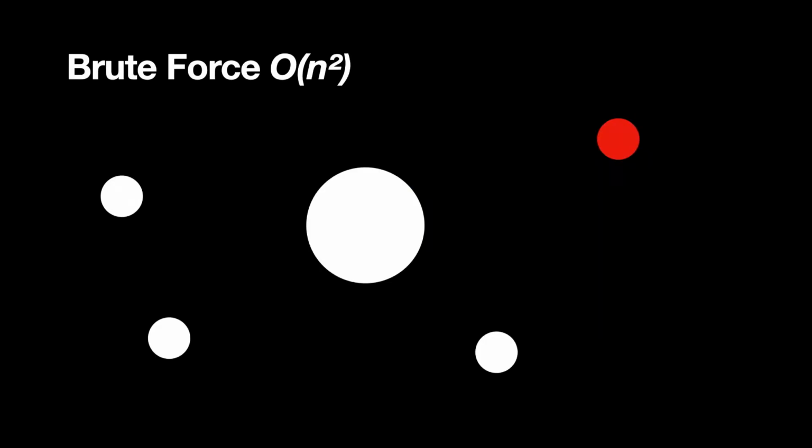Okay, now I'd like to show you the first algorithm to calculate the forces, which should be the most intuitive one for most people, and it's called a brute force algorithm. You might know it already from other algorithms. So let's assume all the circles here represent celestial bodies in our universe. If you want to calculate the force exerted on the red body, we would have to calculate the force equation for every other body available and add it all together, and that would be the force exerted on the red body.